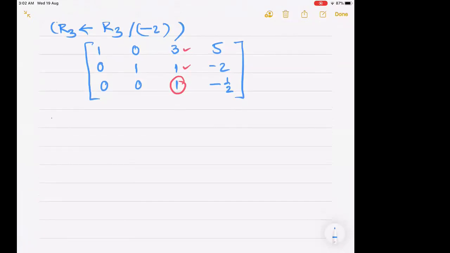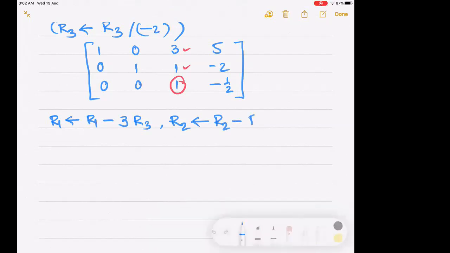I should replace row 1 by row 1 minus 3 times row 3, and I should replace row 2 by row 2 minus row 3. This is the row operation that I must do.